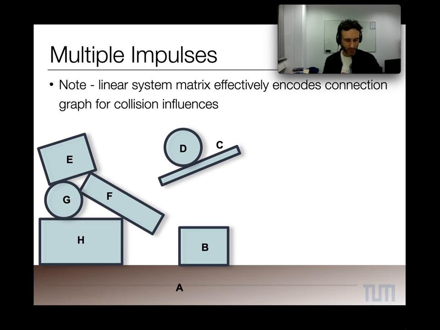And I have a small example here that you can already see. So here we have different objects, A being the ground floor, and the collision points, the estimated ones, are highlighted here in orange. And now if we look at this graph, we basically start from the ground floor.